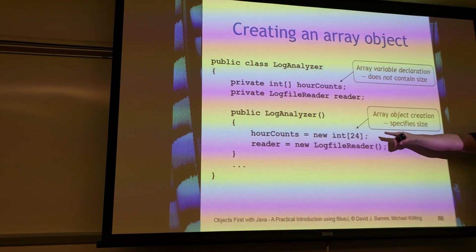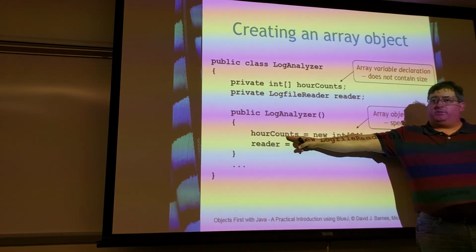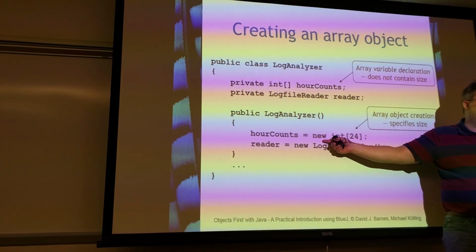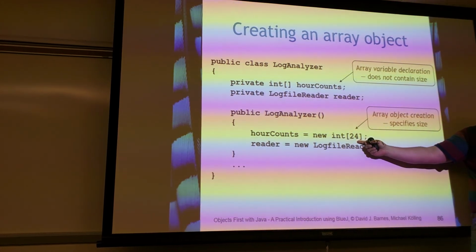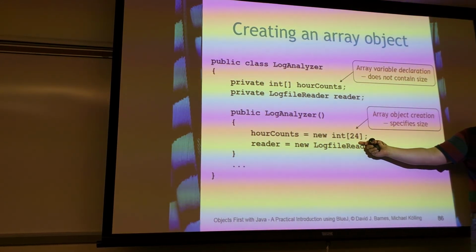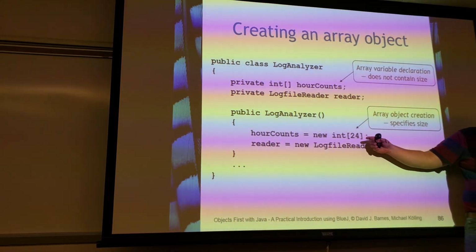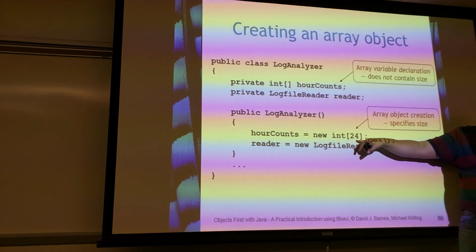Now, down here in my constructor for log analyzer, I actually create the array. Notice I say hour counts equals new, like I was making a new object, int 24. This is where I actually create the array. By using new, I give it a size at this point.